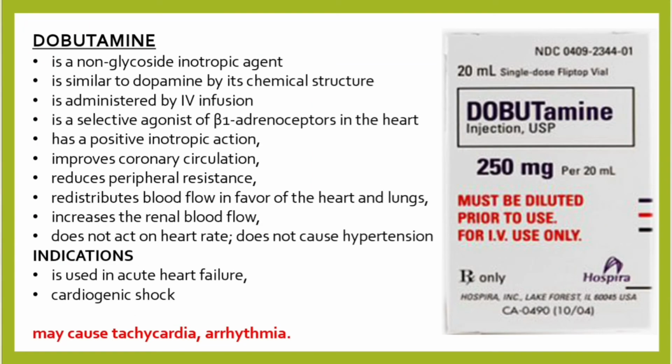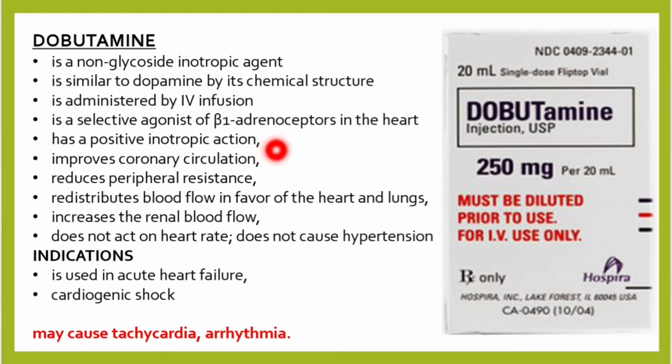The next one is dobutamine. Dobutamine, we will talk more about it in cardiovascular drugs. This drug is a non-glycoside inotropic agent. It's similar to dopamine by its chemical structure. It's administered by IV infusion. It is a selective agonist of beta-1 adrenergic receptors in the heart. It has a positive inotropic action.